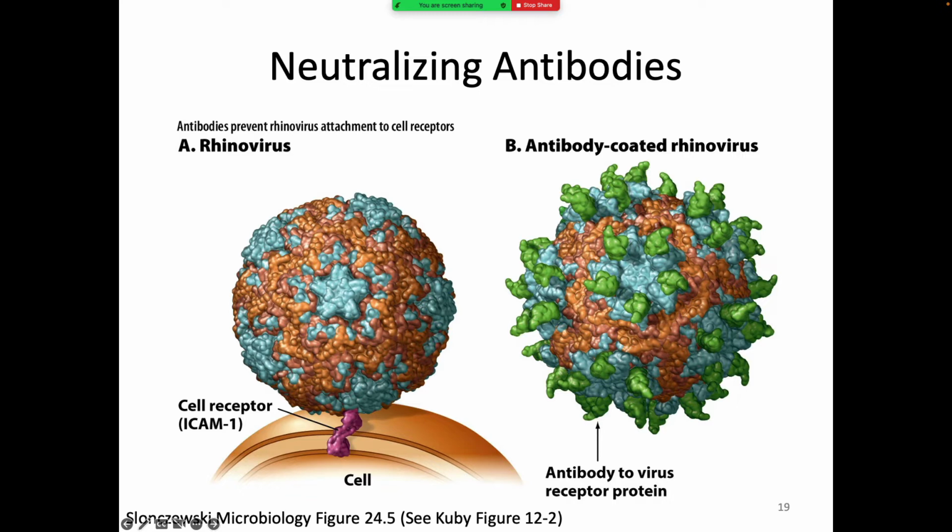It can happen if the antibody binds to that exact site. It can also happen if the antibody just binds kind of nearby and is bulky and just gets in the way. But like I said, either way, it's basically just fancy steric hindrance for neutralization.